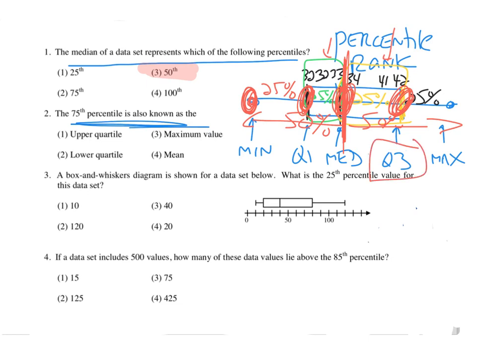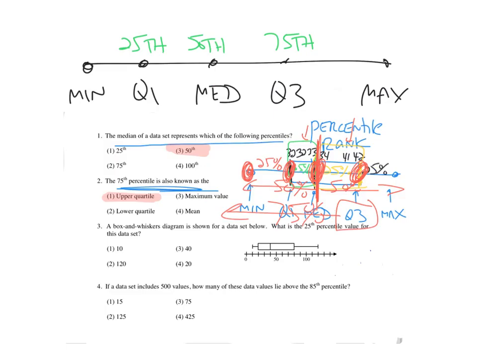So the upper quartile is the spot that 75% of the data is less than. So we say that the upper quartile corresponds to the 75th percentile. So the lower quartile is the 25th percentile, the median the 50th percentile, and the upper quartile is the 75th percentile.